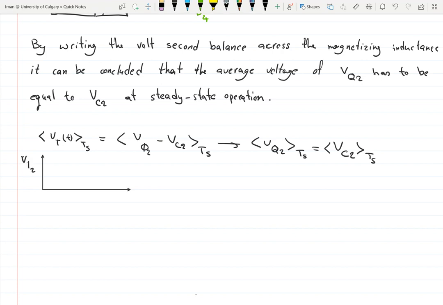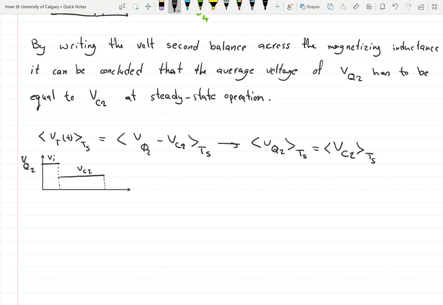It is equal to VI when Q1 is on. It's equal to VC2 when Q1 turns off.